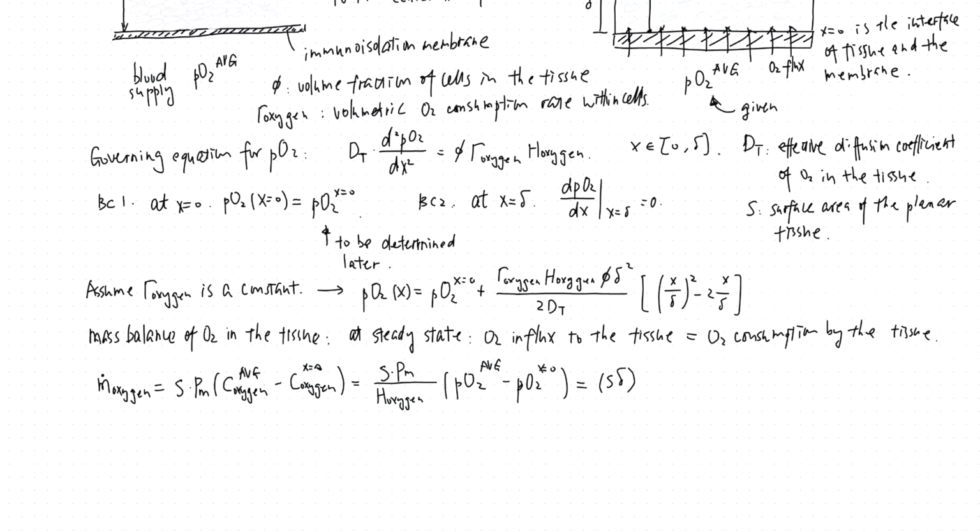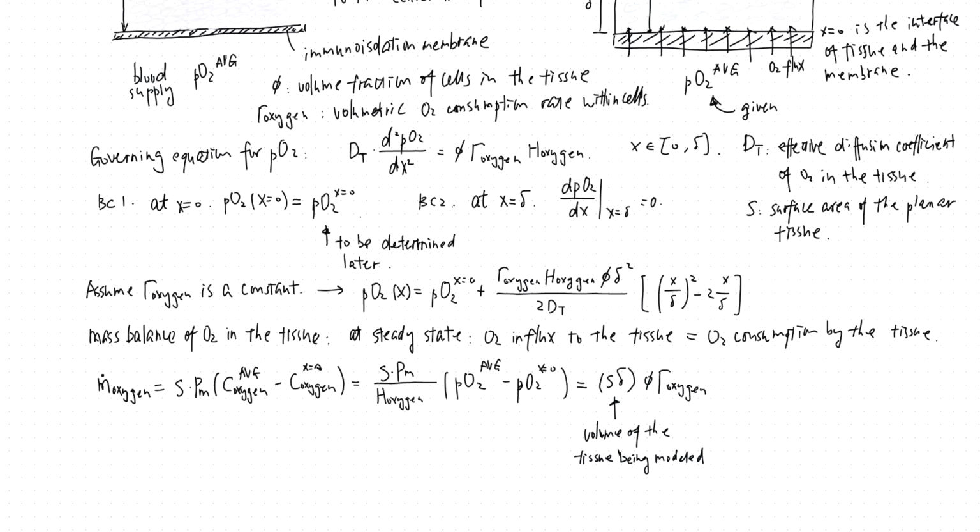So this is the volume of the tissue being modeled. Being modeled means it's half of the tissue. And the consumption rate would be the volume fraction of tissue multiplied by the consumption rate.